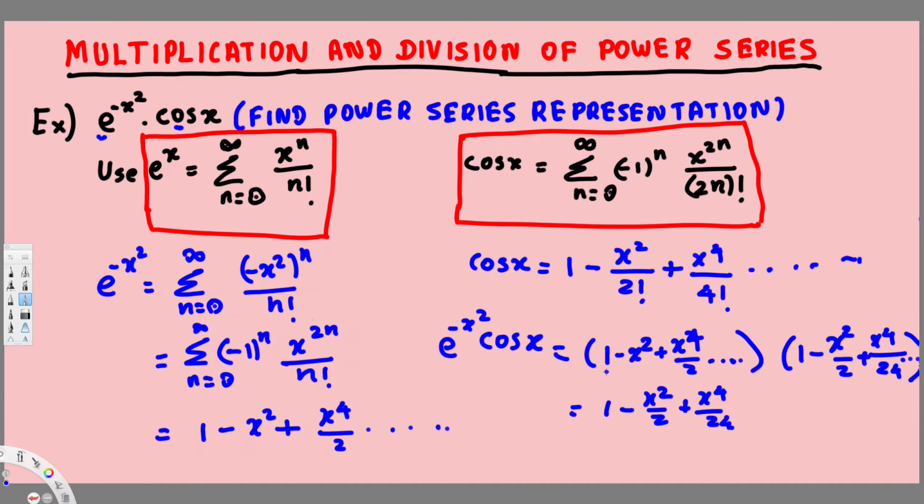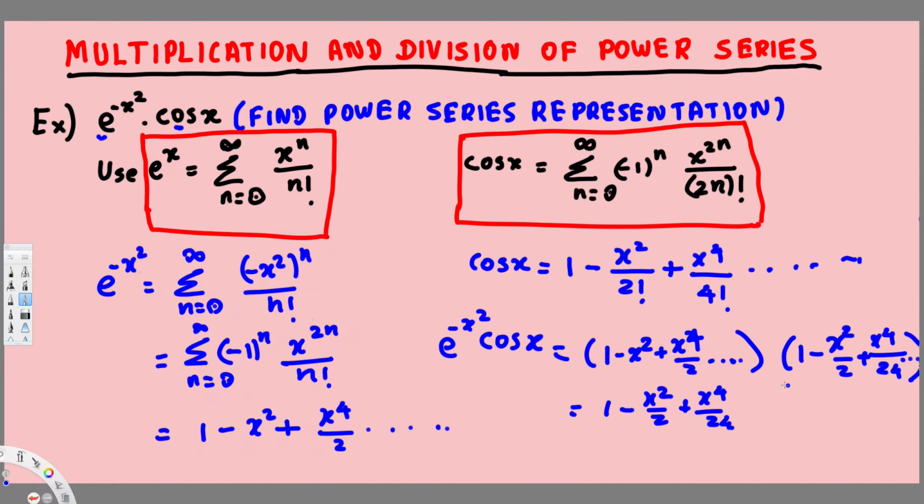If I start with the negative x square, this is going to be plus x square over 4, plus x power 4 over 4.